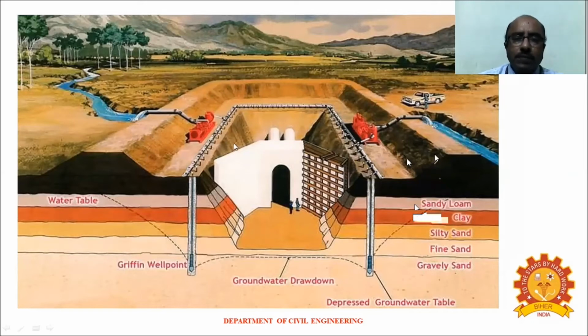So we go for step-by-step excavation where we use the well point system and pump out the water, thereby the existing water table is lowered. Because of the lowering of the groundwater table, the excavation is possible and the construction of this tunnel is possible, and thereby we are able to complete the construction.